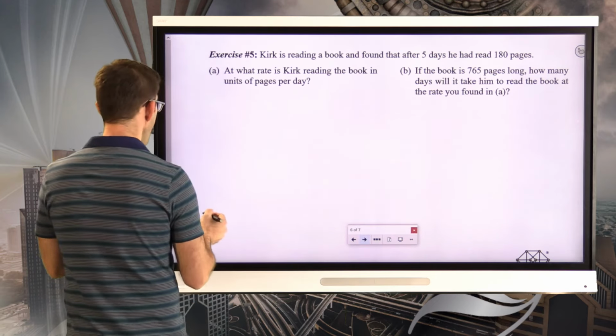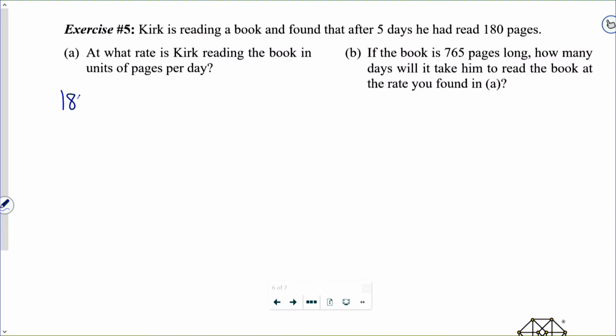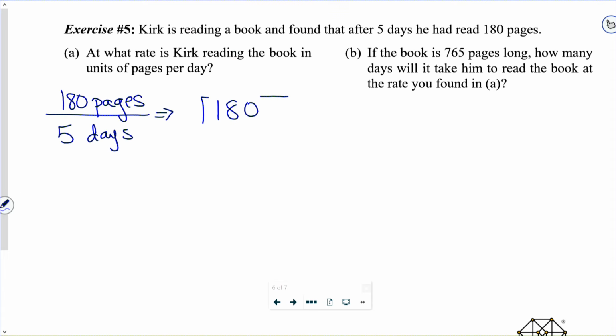Well, we're really talking about that ratio of 180 pages per 5 days. So to get the unit rate, what we need to do is divide that numerator of 180 pages by the denominator, 5 days. Let me just do that really quick.